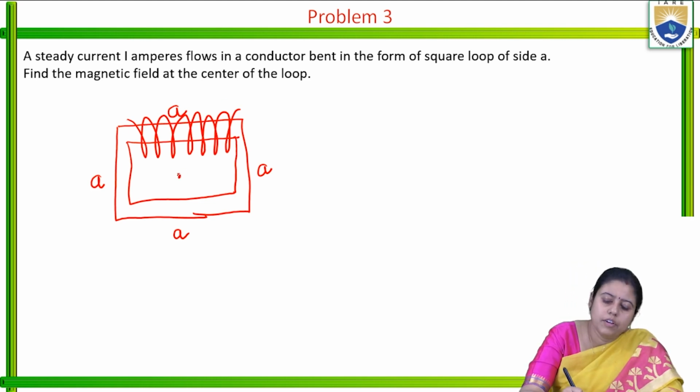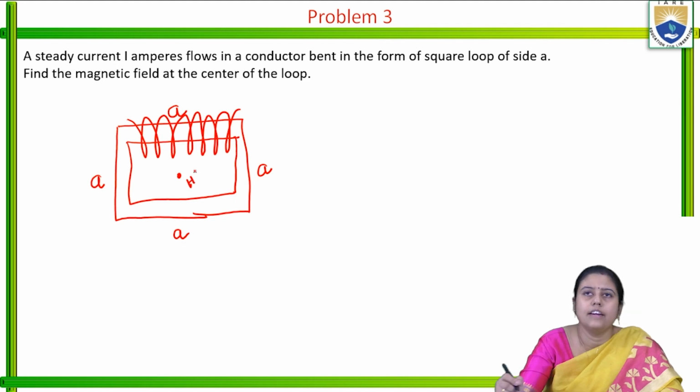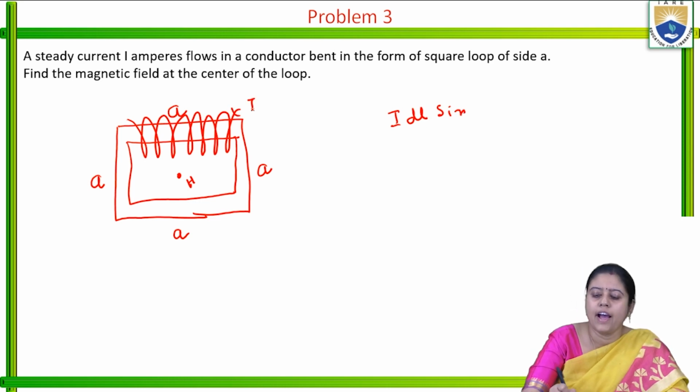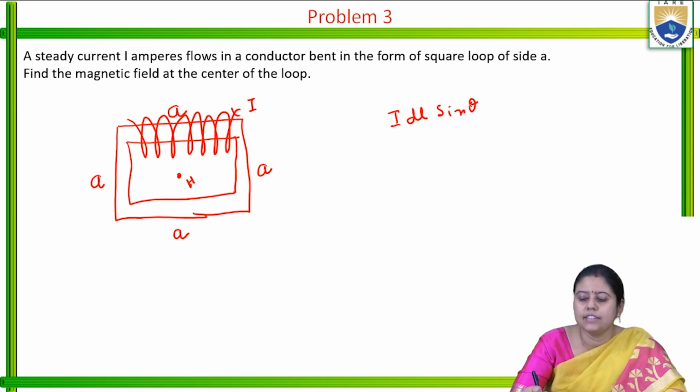We have to calculate the field at the center. So how do we get this equation? Again, we have I dl sin theta by 4 pi r square.